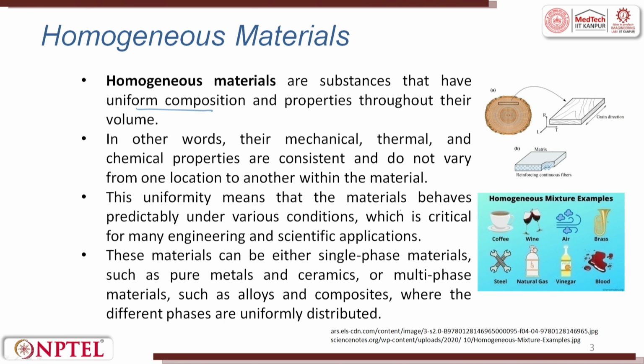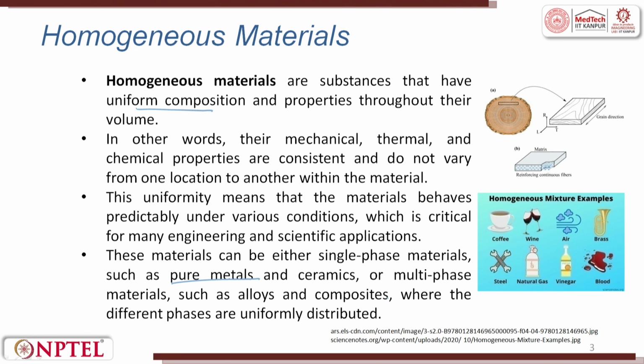These materials can be either single phase materials such as pure metals and ceramics, or multi-phase materials such as alloys and composites, where different phases are uniformly distributed. It can be pure material, but you should understand pure material does not have an engineering application.